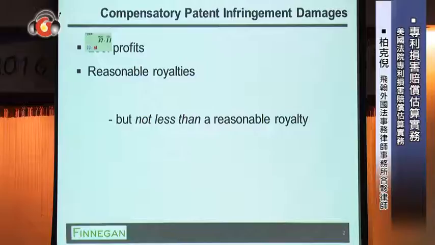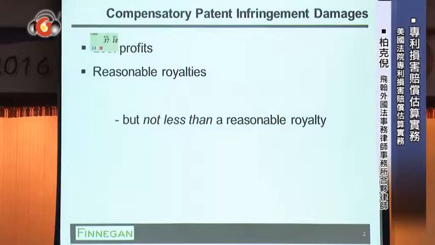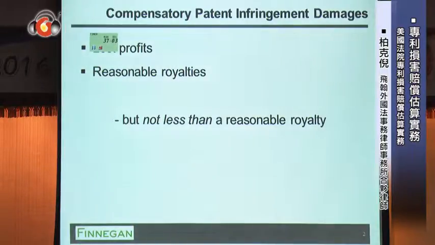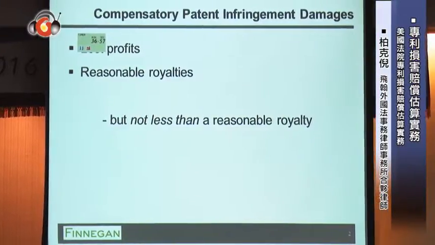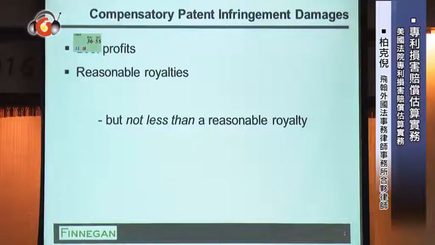There are two types of damages that you can generally recover in the United States. The first is lost profits. How much money did the patent owner lose as a result of the infringement from its competitor? And the second, which is much more common, is the reasonable royalty damage. And the reasonable royalty is the minimum amount that a patentee can recover.